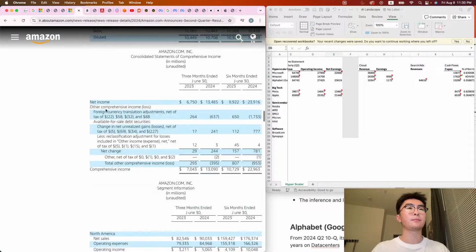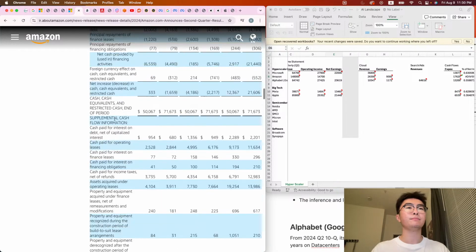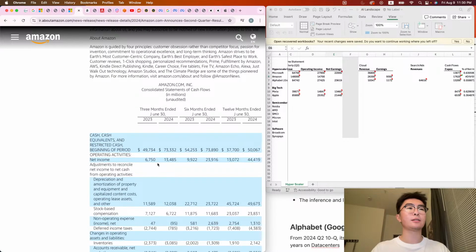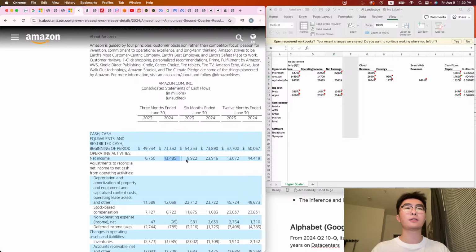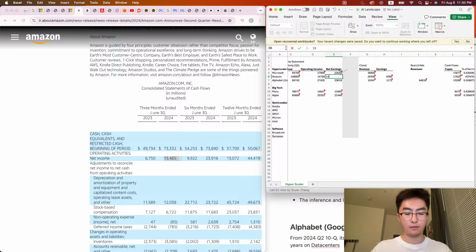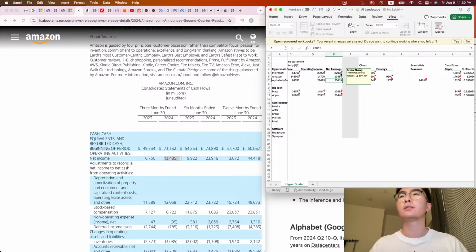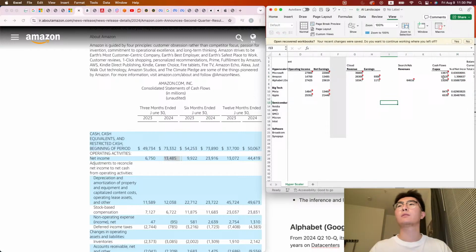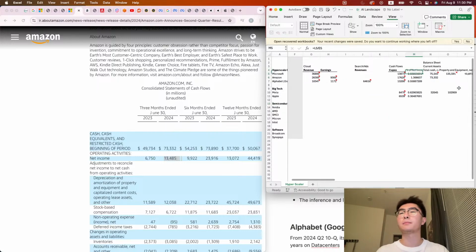Net income. Consolidated statement of, okay, yeah, 13.45. Huh. So it's 100% of net income.